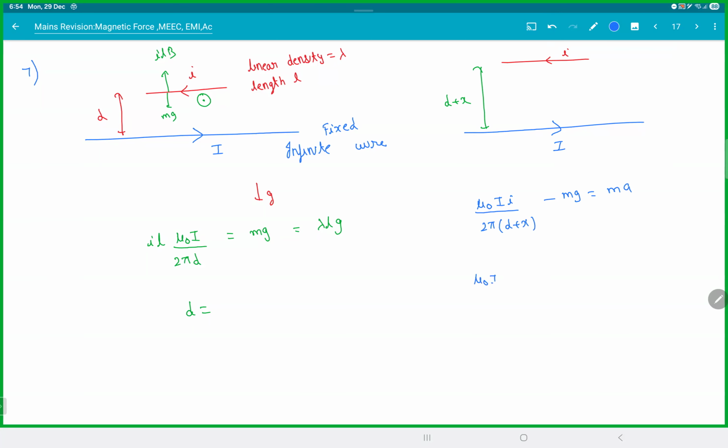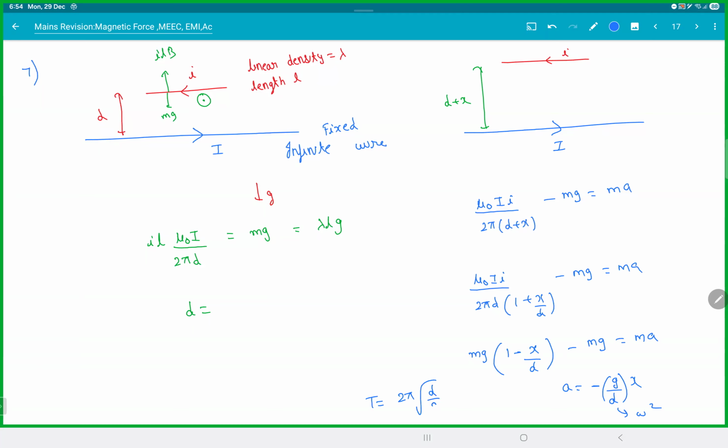That will be mu naught I by 2 pi d, times (1 plus x by d) minus mg is equal to ma. But I know mu naught I by 2 pi d is nothing but mg only. So that would be mg. It goes up, you do binomial approximation: (1 minus x by d) minus mg is equal to ma. mg cancels off. We get a is equal to minus g by d into x. That's your omega square. So time period is 2 pi root over d by g. Clear what I did? So this term here is actually mg only.